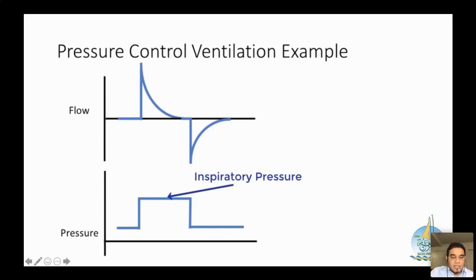But as long as the lung pressure is maintained, the flow will slowly start going down because you are achieving the pressure that you already set on the machine. And that is the most important difference between pressure control and volume control.